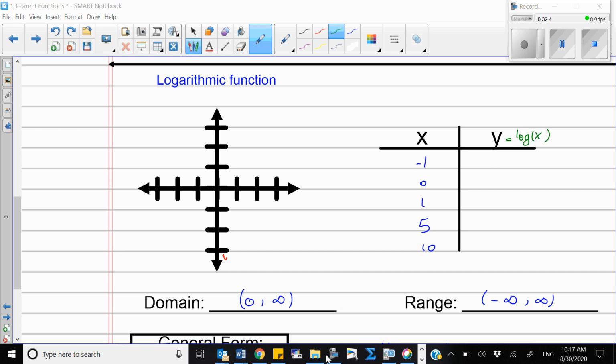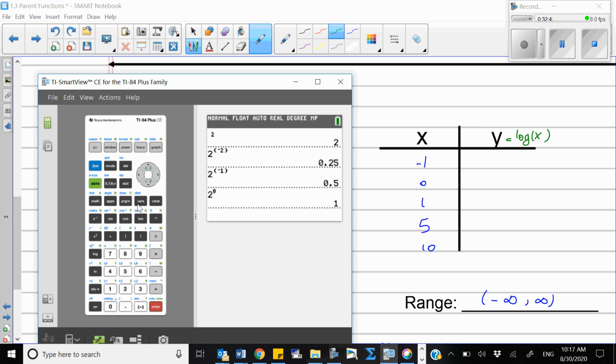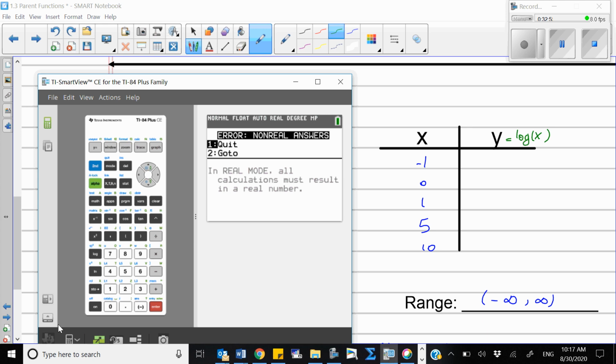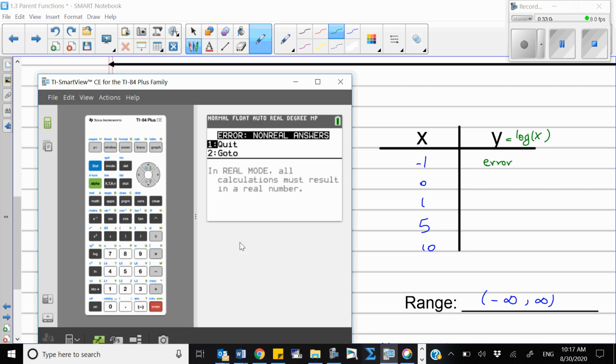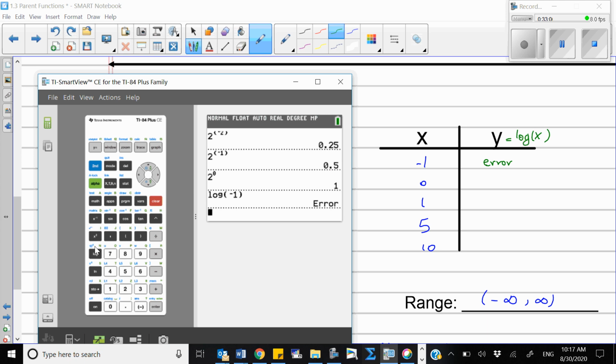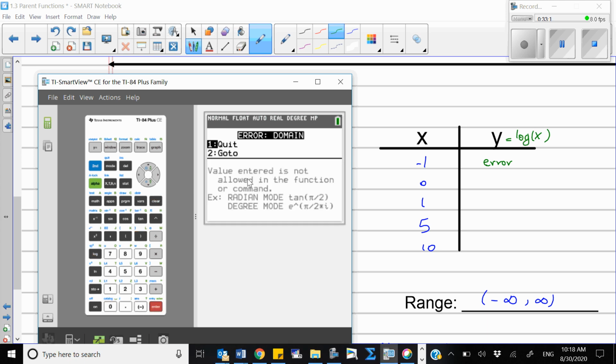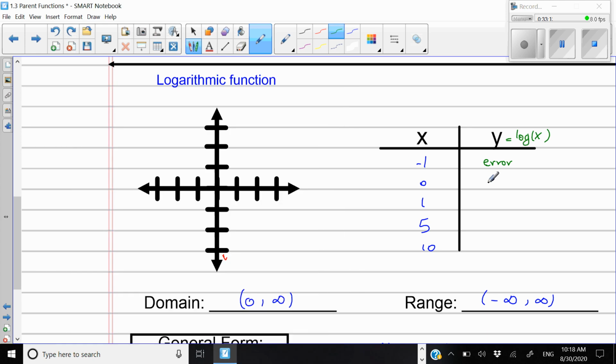I'm going to use my calculator to find log of -1. We get an error. That means for -1, log is not defined. And then try 0. Log of 0. Again, we have an error here.